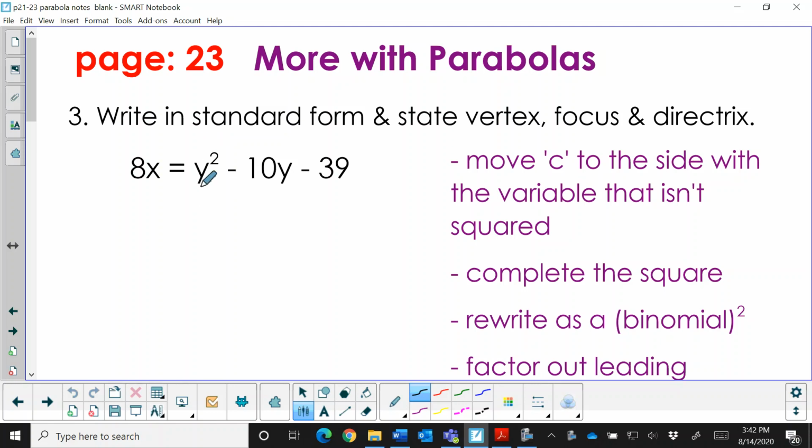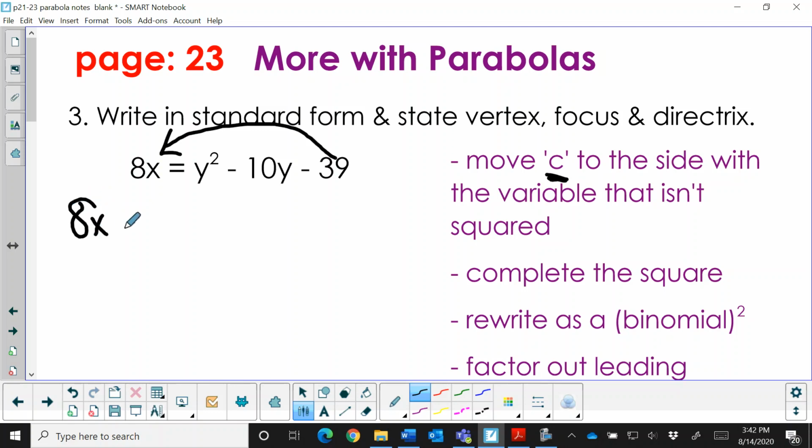This one has a y squared. You're going to move the c, which is our constant, to the other side, the side that has a variable that's not squared. So we're going to take this 39 and move it over to the non-squared side, the side that has the variable x. That's our first step.